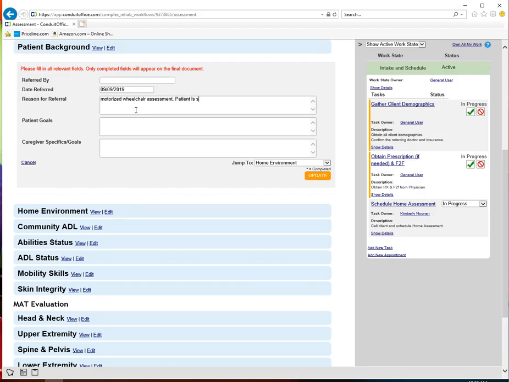Patient is status post CVA and unable to get around his home for ADL care, as in getting from his bed to his kitchen for meals.